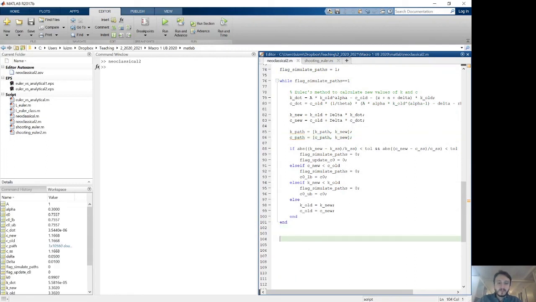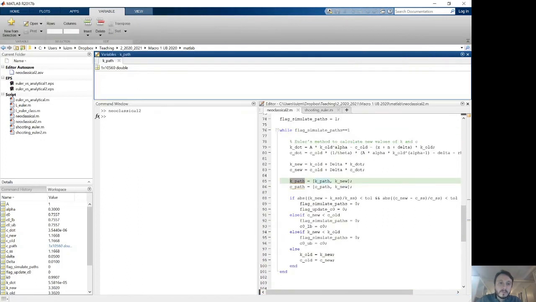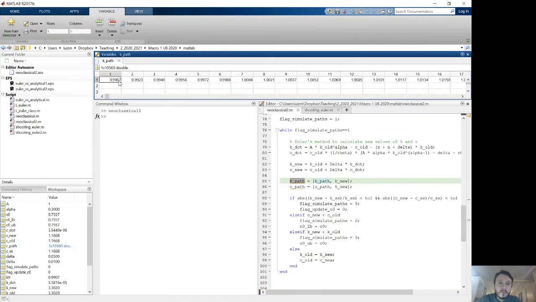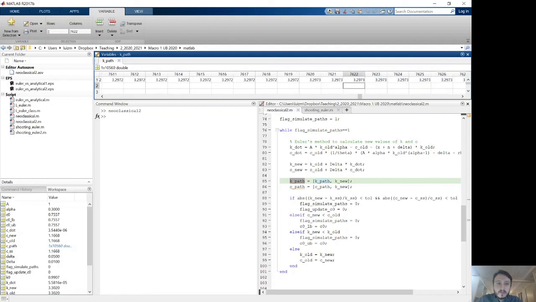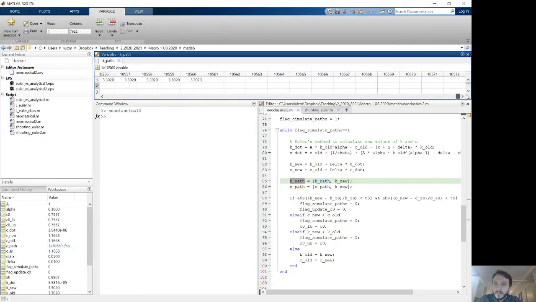Here it is. So we have this k path now, and we have a vector that has 10,000 columns.